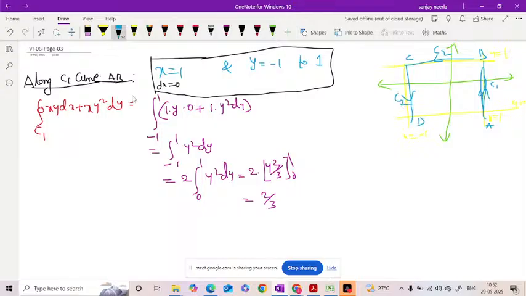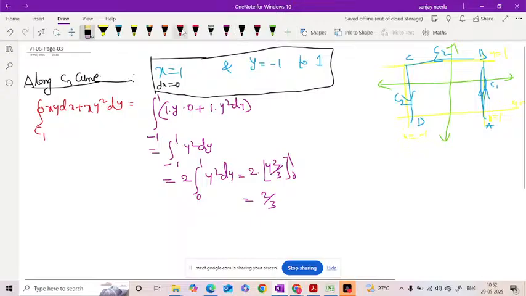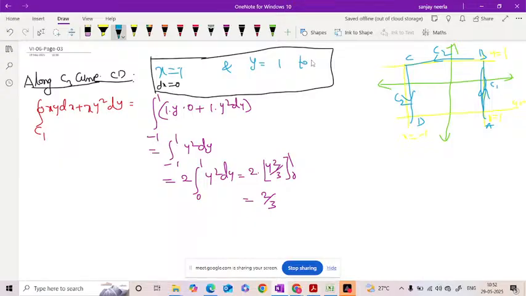In the CD direction, x is equal to minus 1, so that means C3, the CD direction. In the CD direction, x is equal to minus 1 and y is running from 1 to minus 1.